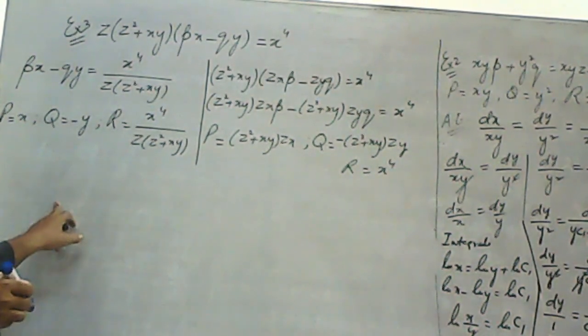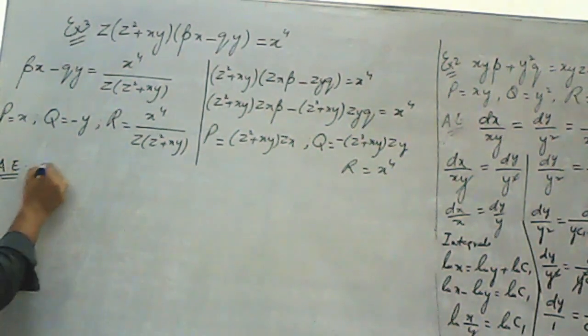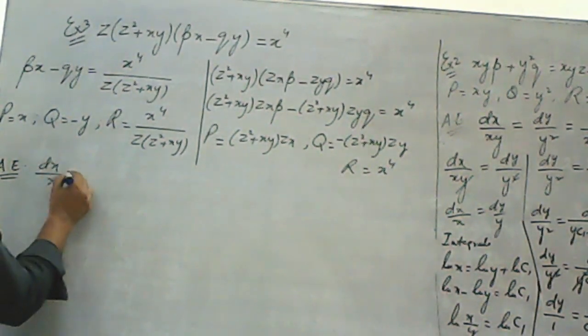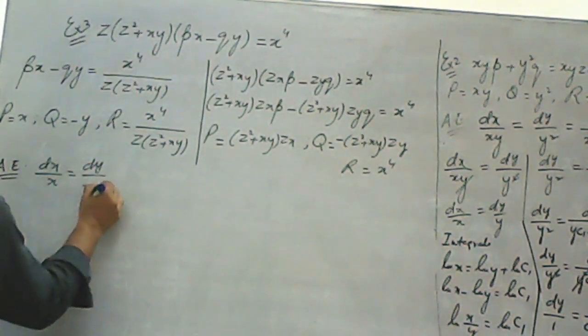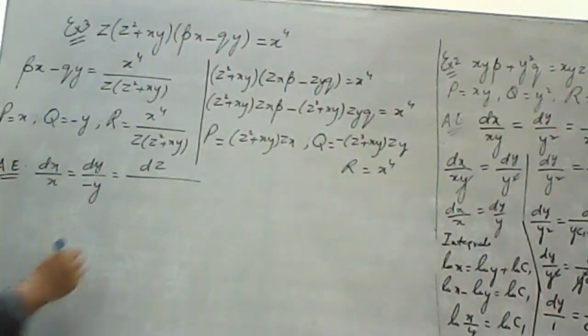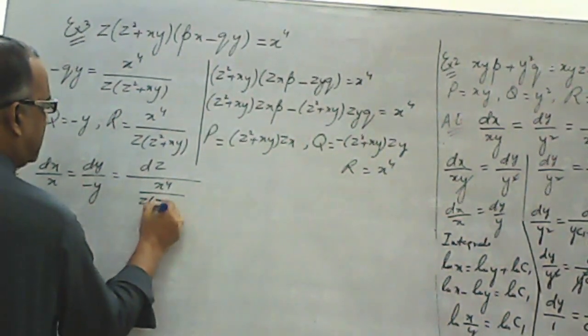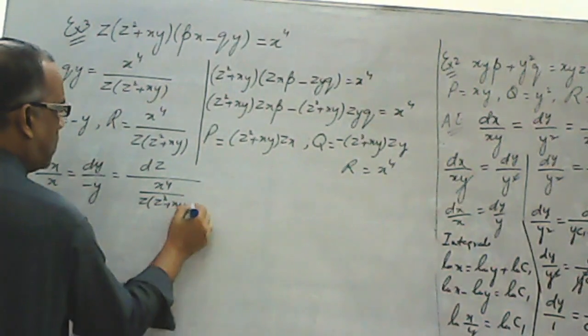If I do it in this manner, the auxiliary equation will be dx over x equal to dy over minus y equal to dz over x power 4 upon z square plus xy.